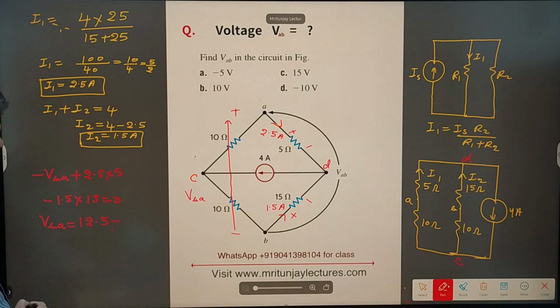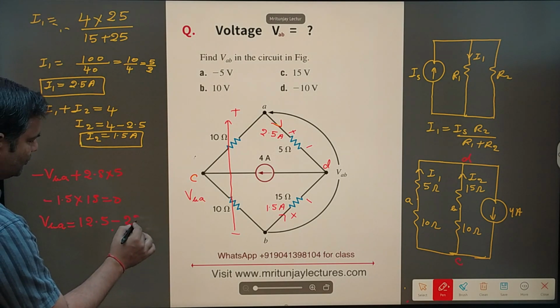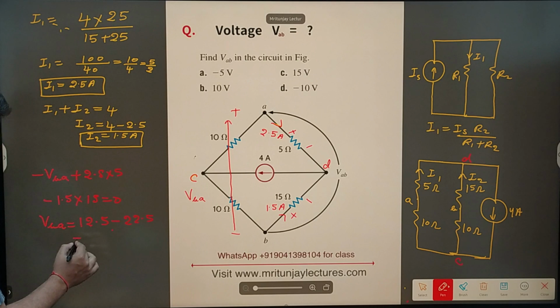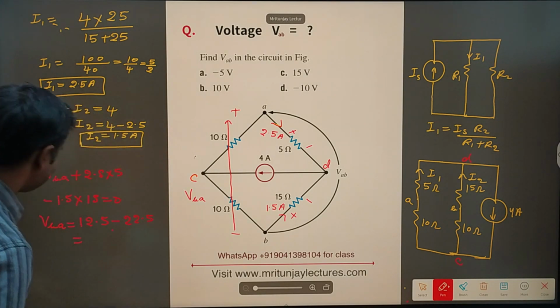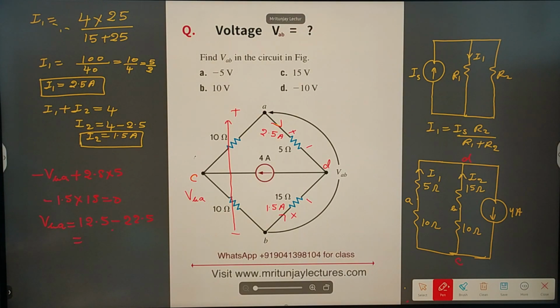minus 1.5 into 15, that is how much? That is 10 volt, minus 10 volt.